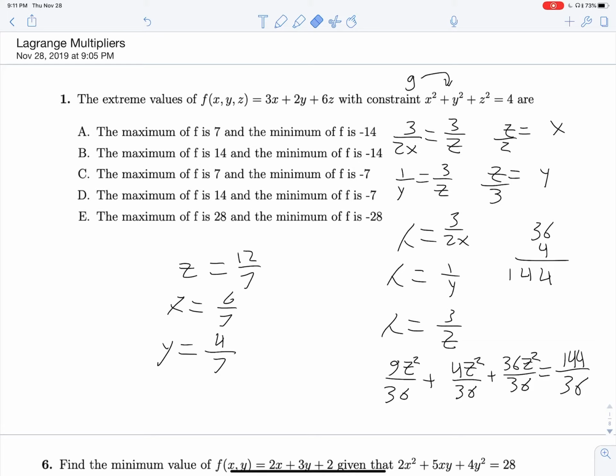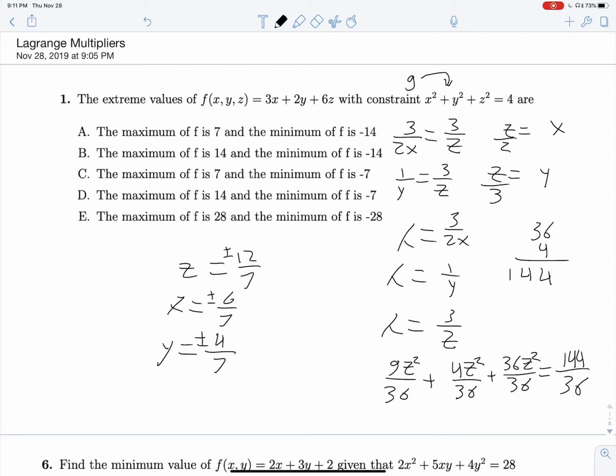And one important thing to note is that, at least for all of these cases we've had in these practice problems, or old exam problems, whenever we have a constraint that's made up of squares, we have to note that when we're solving, z is actually equal to plus or minus 12 over 7, and all of these as well.